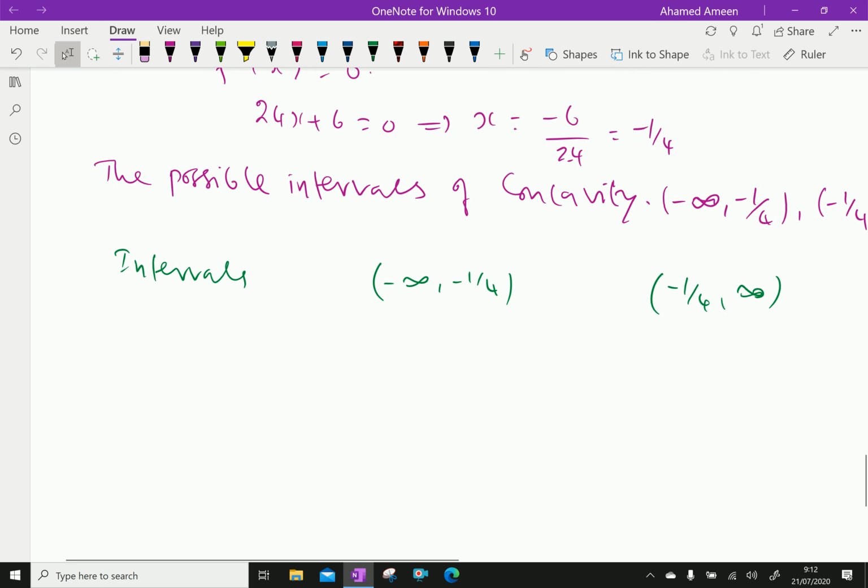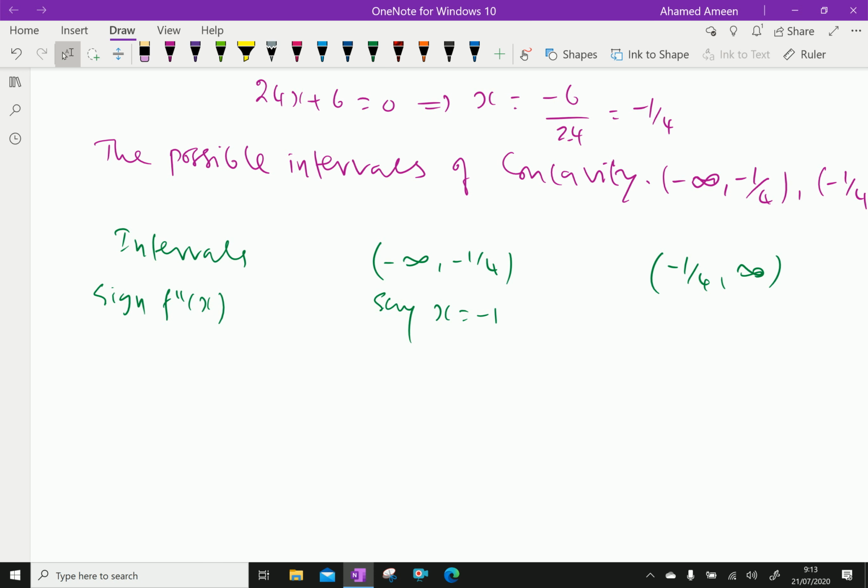Now the sign of f double dash of x. From minus infinity to minus quarter, we can take x equal to minus 1.